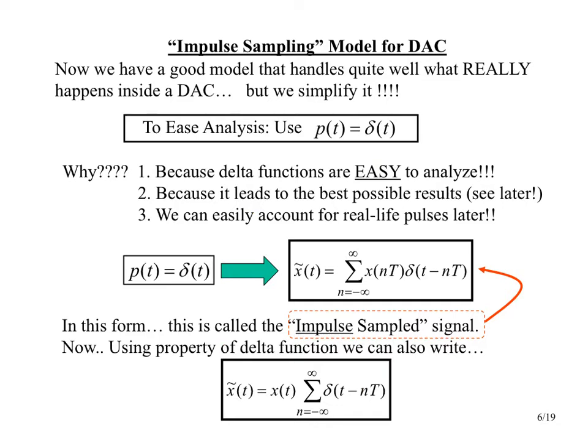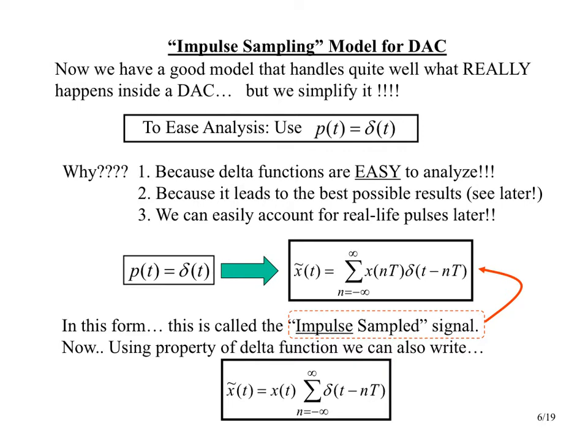Now, before we do that, we're going to make one simplifying change. We need these pulses to be narrow rectangular pulses, and we remember that if we think about a rectangular pulse going narrower and narrower, but we let the height go to infinity, we get the delta function.